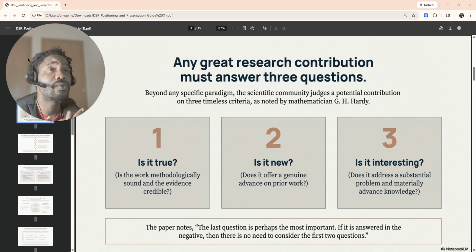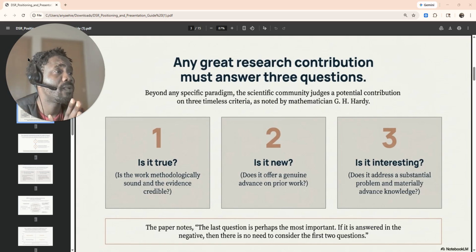One, is it true? Your methods, your evidence, or the way you came about the research, is it credible? If it's not true and credible, if it can't be replicated, then there's a problem.